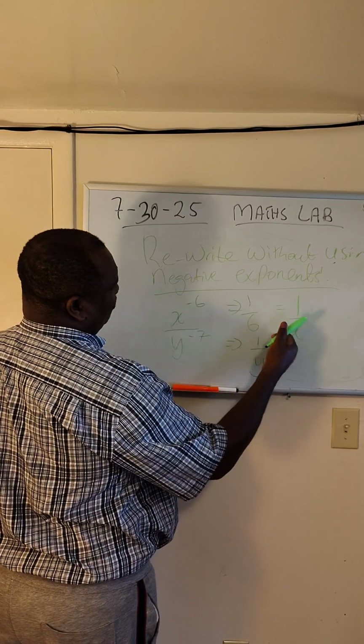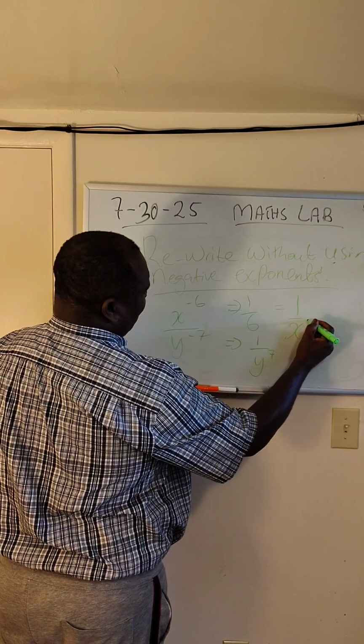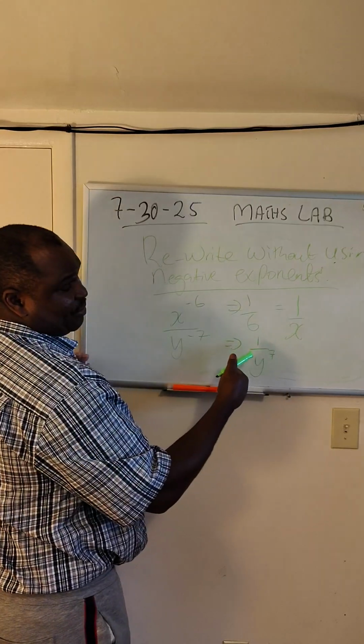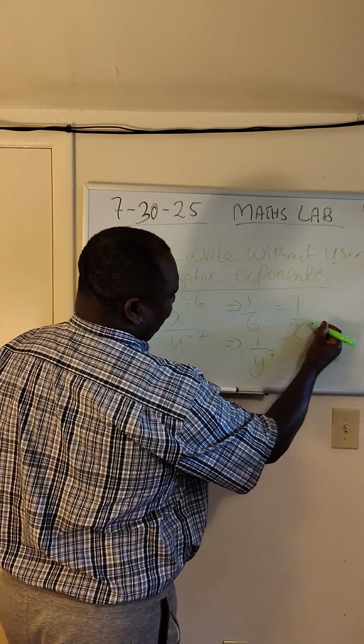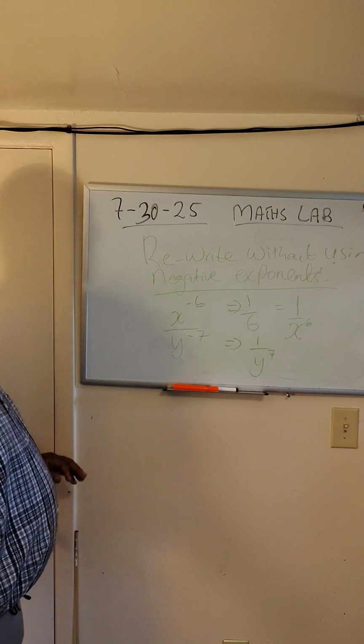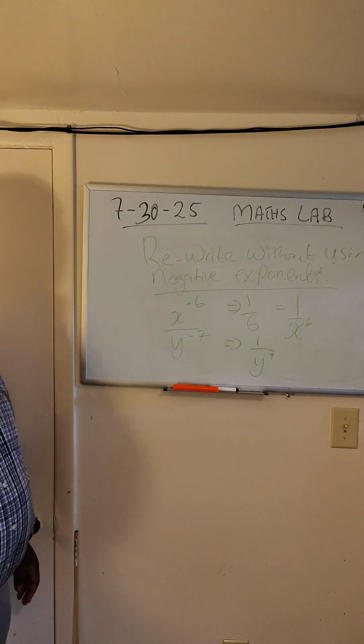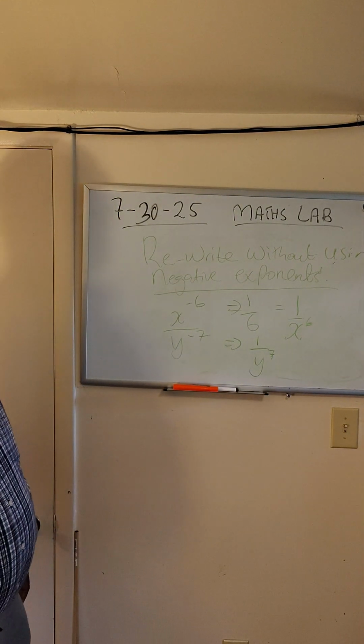So this one is going to be 1 over x raised to the power of 6. The only thing we are avoiding is the negative sign.